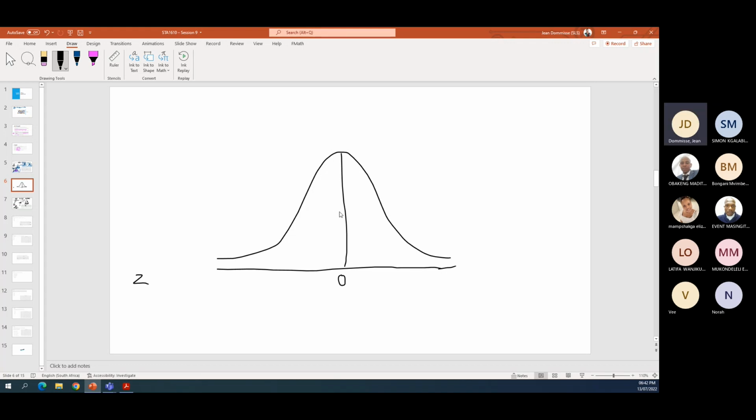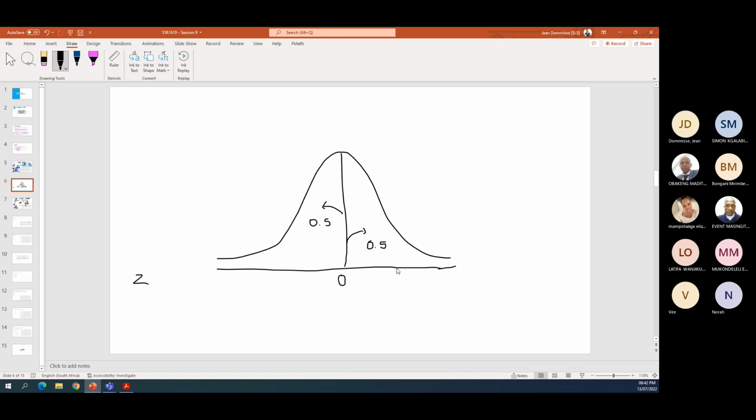That means to this side of a Z value there's 0.5 of the probabilities lying to the one side, and 0.5 of the probabilities lying to the other side.